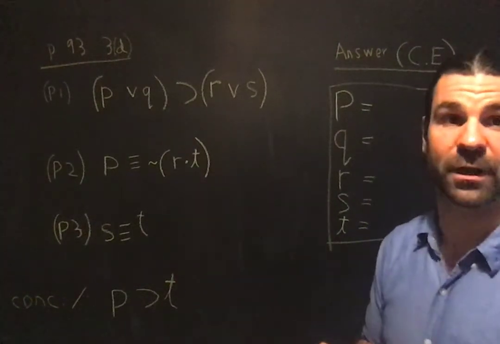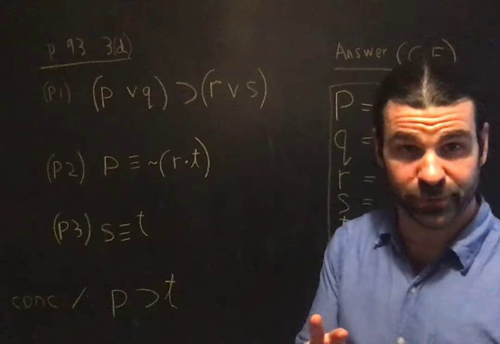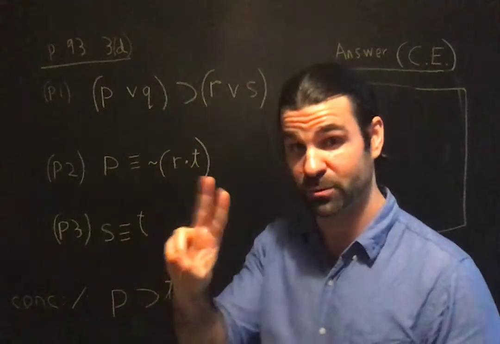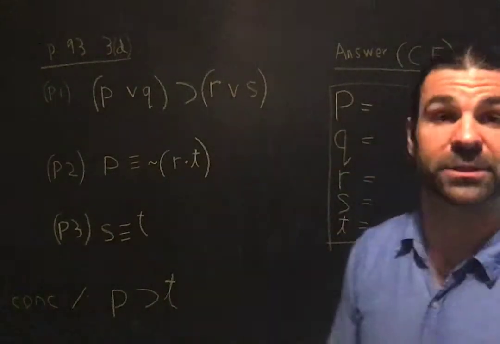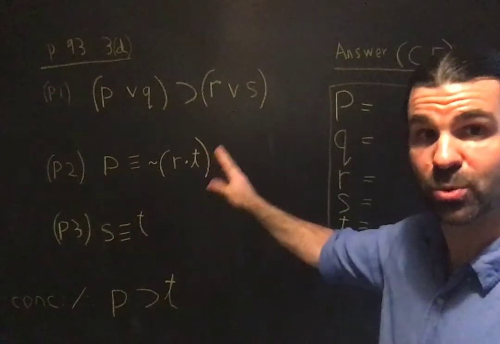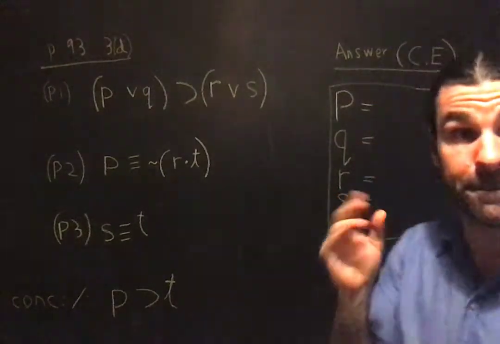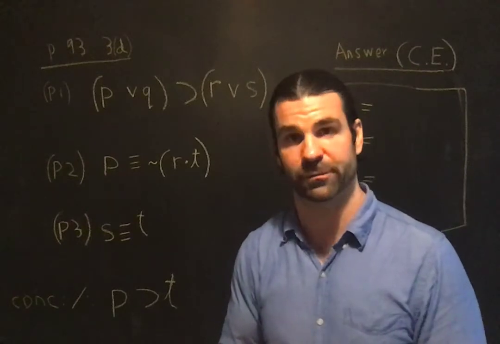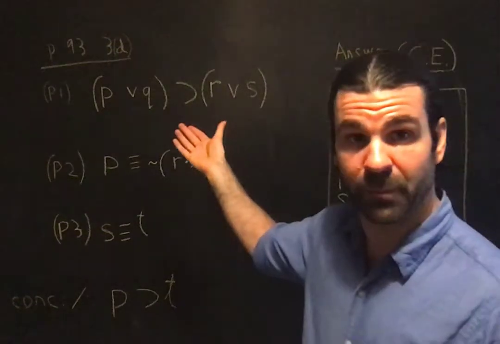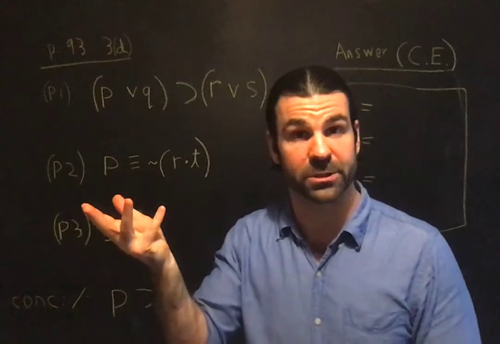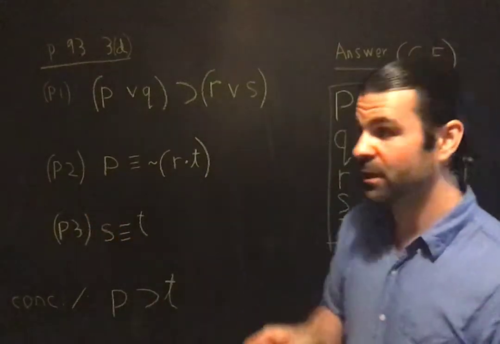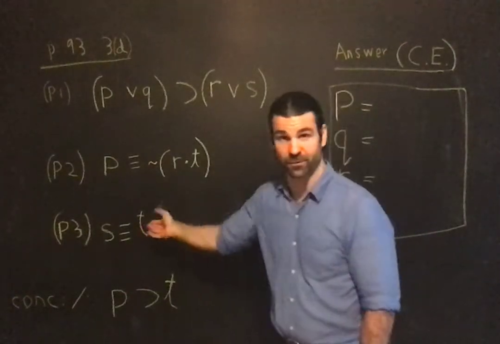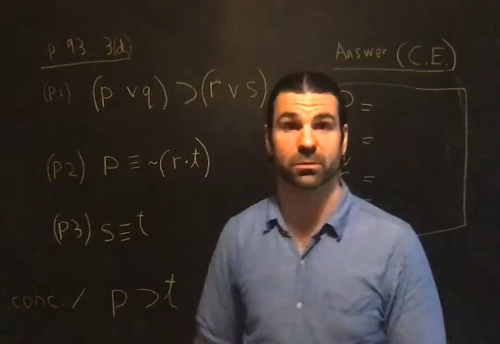That is, we want to find an assignment of truth values. Remember, the truth values are only true or false. Those are the two truth values. We want to find an assignment of truth values to these sentential variables that makes the premises true and the conclusion false, right? And that's just a matter of wielding our knowledge of the conditions under which disjunctions are false and conditionals are false and biconditionals are false, and so on. So I'll remind you how that goes.